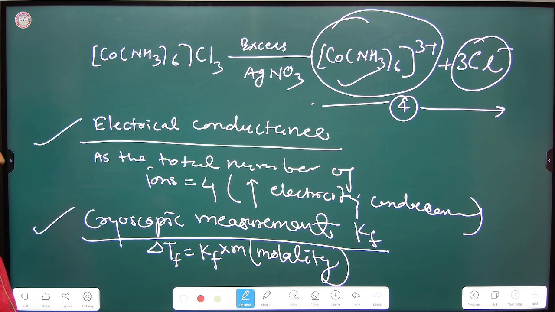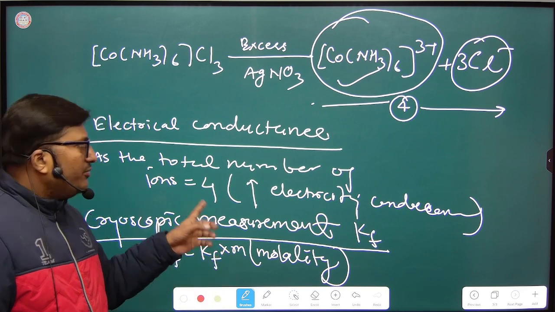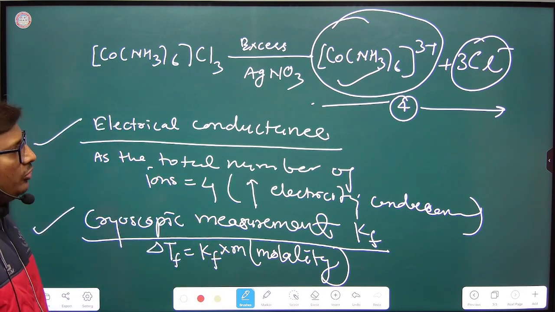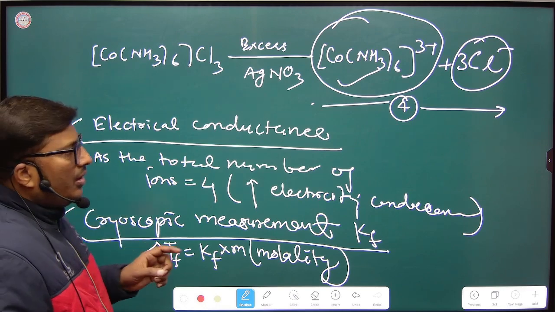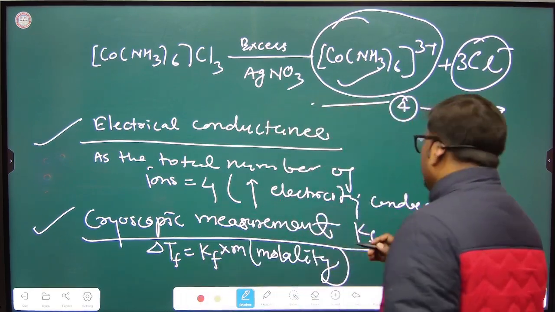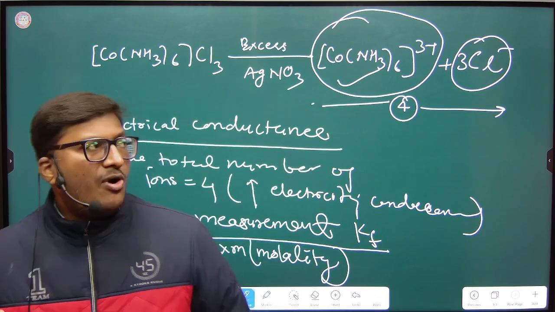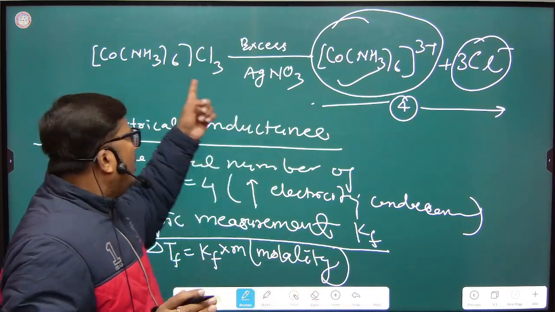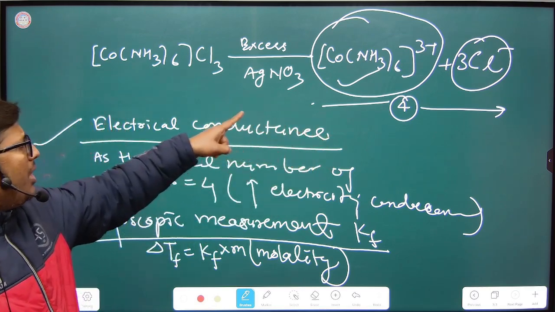This cryoscopic measurement is associated with colligative properties, and colligative properties depend on the number of particles in a solution. Here, in the aqueous solution, the number of particles, that is ions, was found to be very high for this compound, 4 per formula unit.